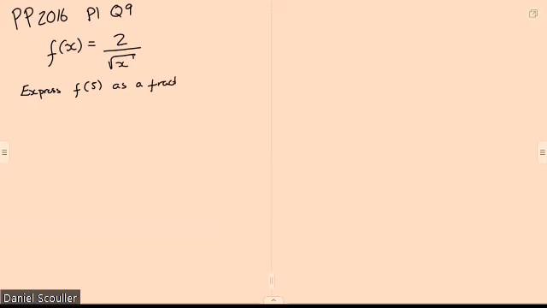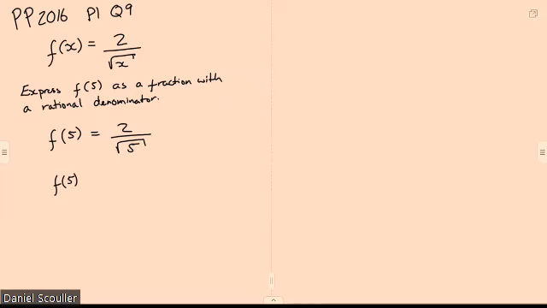Now we want to rewrite that as a rational denominator. That just means we're taking the surd away from the bottom. To do that, nothing changes in our process, just multiply the top and the bottom by root 5.